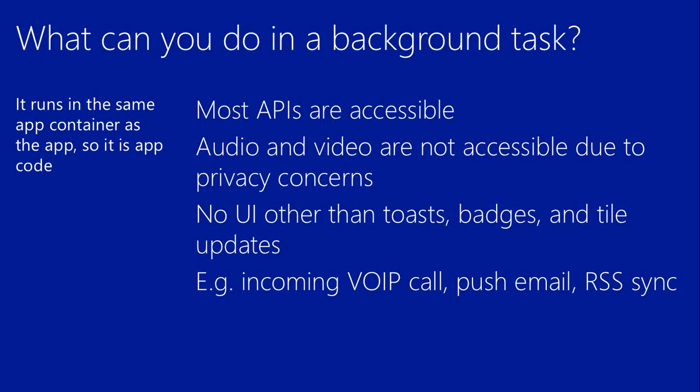So whatever information comes in the top right corner in the rectangle is called a toast notification. And if you have seen the tiles for any application on the start screen of Windows 8, those tiles have a small number in the bottom right or bottom left corner. Those kinds of notifications are called badge updates. So you can use background tasks to update badges, to update the tiles through flipping of the tiles or making them live tiles, or to give toast notifications.